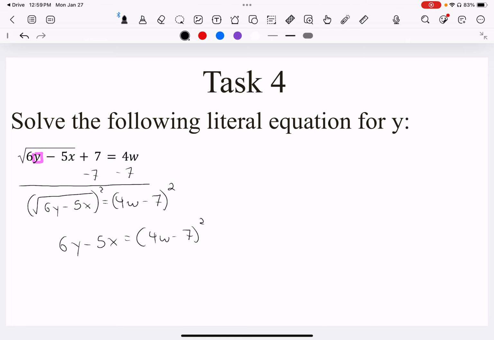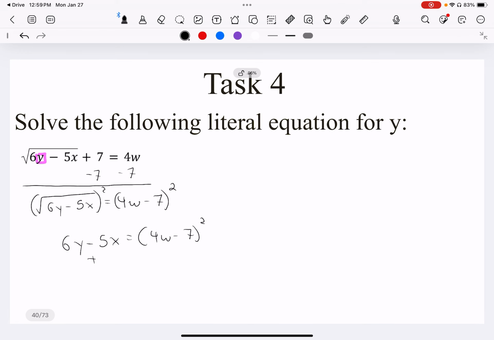Now that I have this y out of the square root, I can just move the 5x over by adding 5x to each side. I cannot add into the parentheses because those parentheses are being squared. So I'm just left with 6y is equal to 4w minus 7 squared plus 5x.